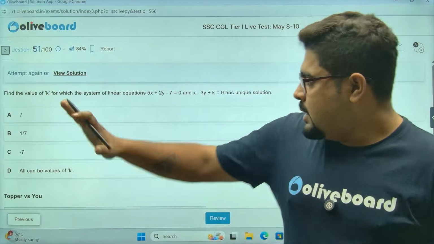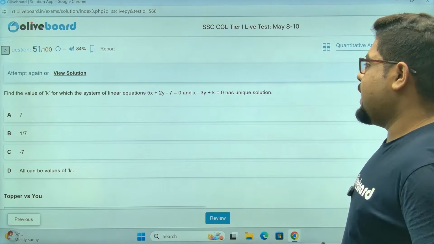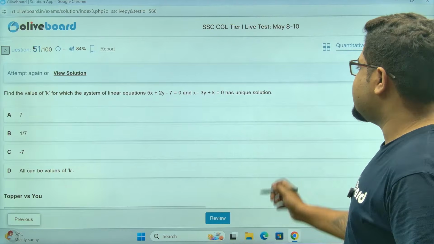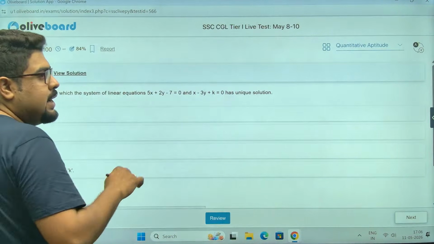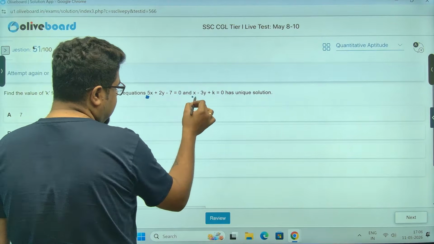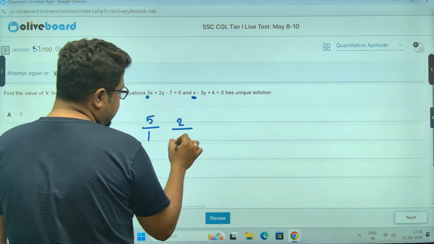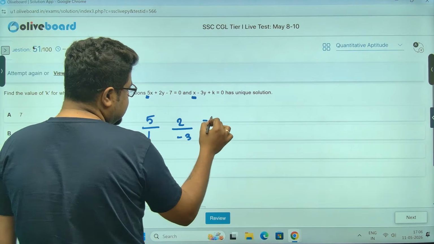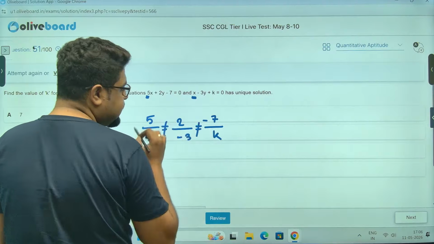Now, sir, first things first. Find the value of k for which the system of linear equations has a unique solution. Unique solution means every ratio will be different from another. So a1 by a2, so 5 by 1, 2 by minus 3 and minus 7 by plus k, they must not be equal, sir.